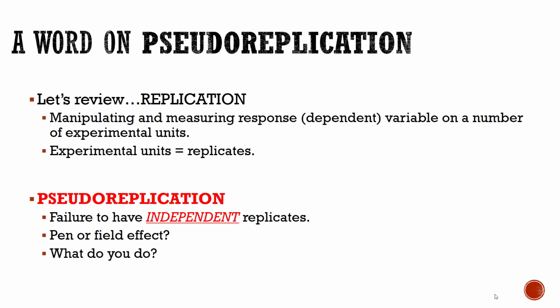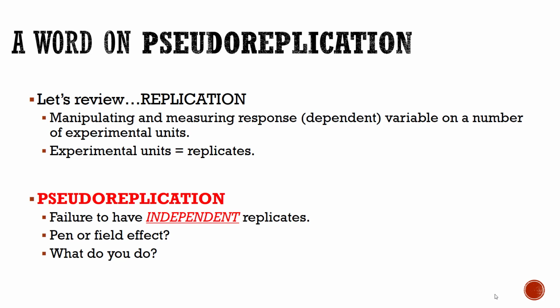And so if we were interested in collecting weaning weight off of an individual steer, we could get a weaning weight off of ID tag number 1. We could get a weaning weight off of animal number 2, number 3, number 4. So those individual animals are replicates and experimental units.